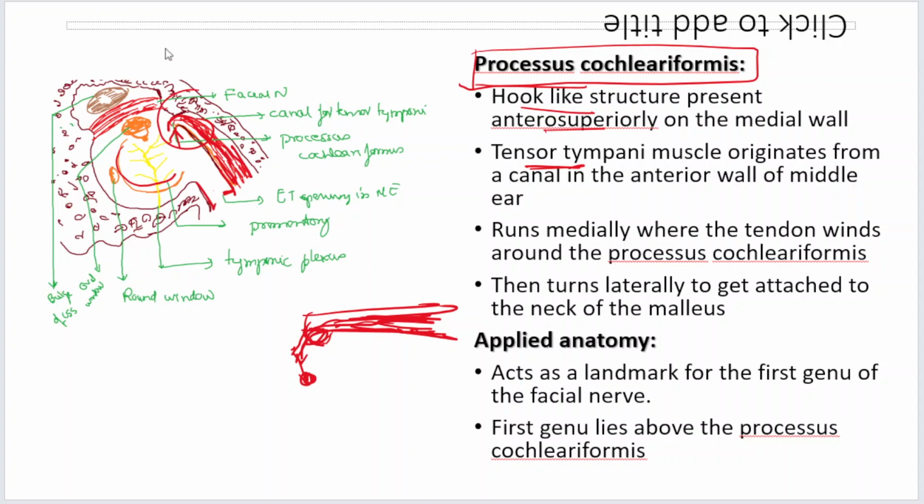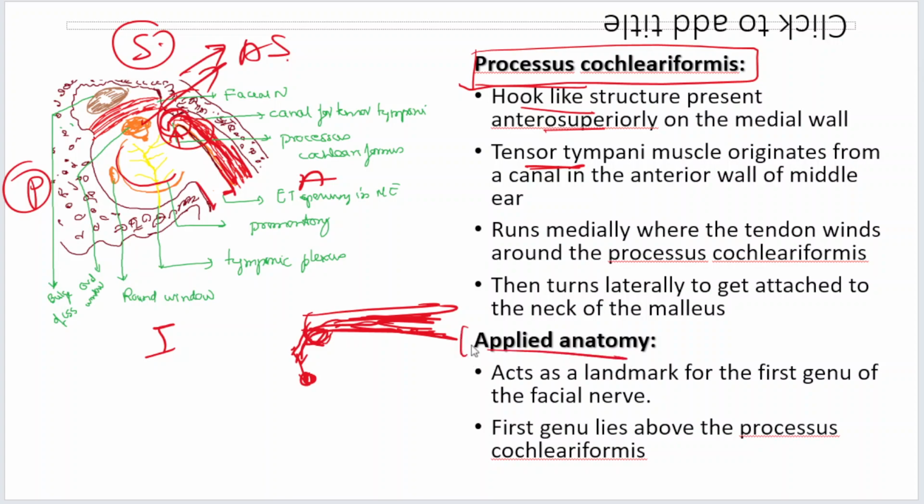This is the superior part, this is the anterior part, this is the posterior part, this is the inferior part. So anterosuperiorly, the hook-like structure around which the tendon of the tensor tympani hooks is called the processus cochleariformis.